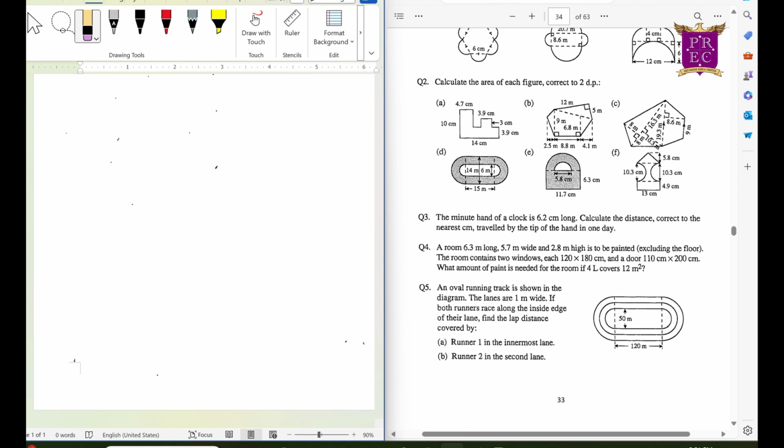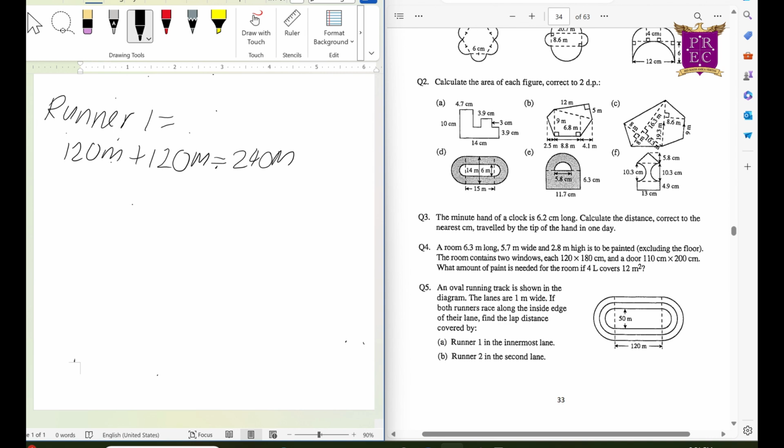We know that the distance from here to here is 120, and that same distance is covered over here, so for runner 1 we do 120 meters plus 120 meters, which gives us 240 meters. What we need to do is find the distance of this half circle, the semicircle.